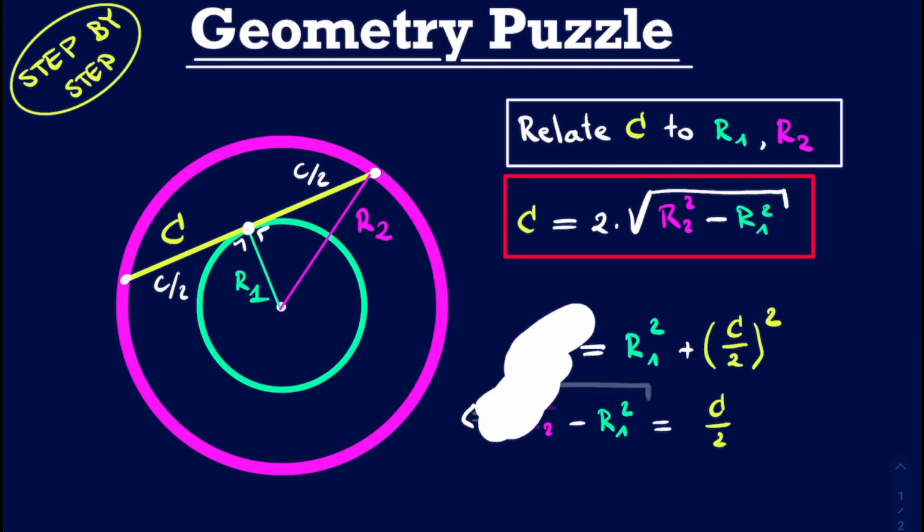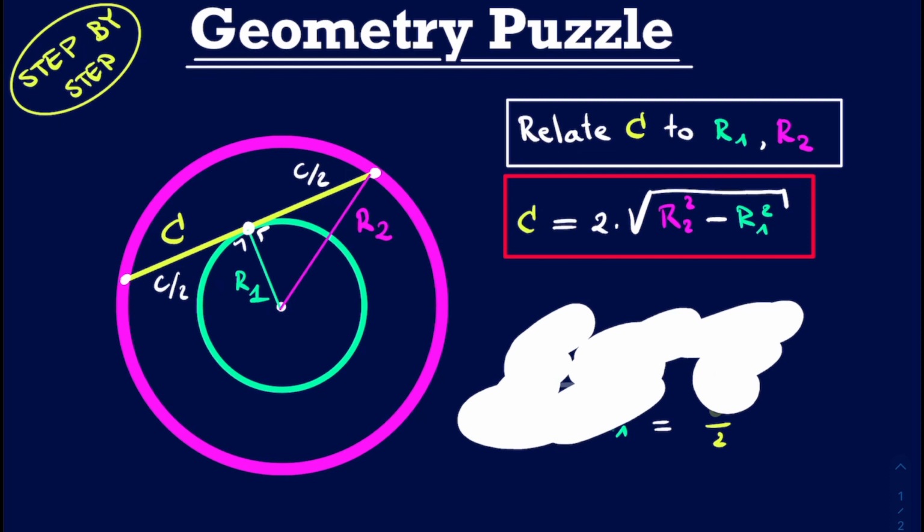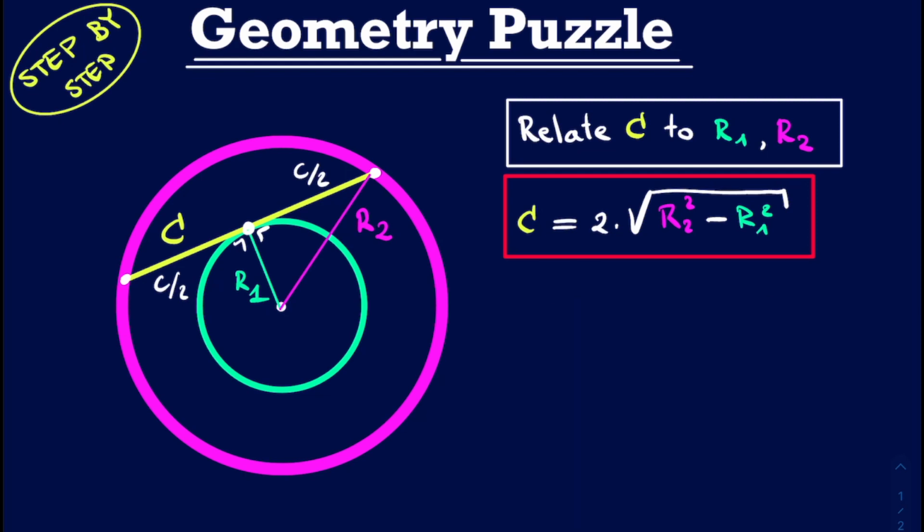And you can always check your solution by briefly looking at some very extreme cases. Let's for instance first look when the small circle and the large circle have the same radius. So when R2 squared is roughly equal to R1 squared.